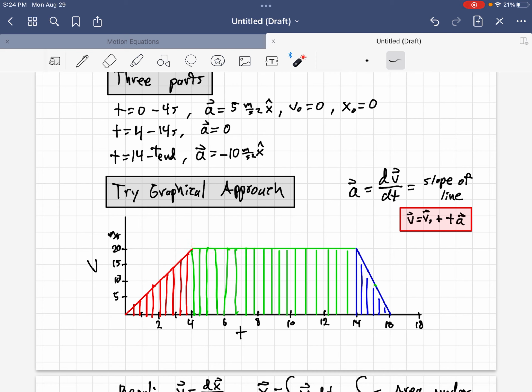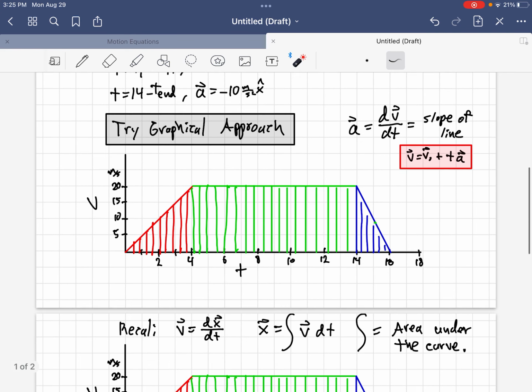And then we switch to a negative slope as our acceleration is negative. We go down 10 meters per second for every 1 second we go across, and do that until the velocity reaches 0, which conveniently is after 2 seconds of braking.